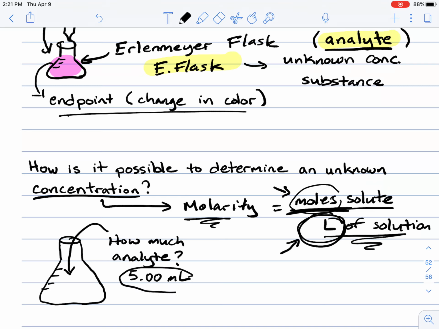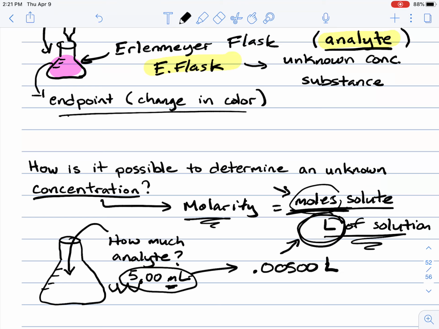If we added 5 mL of the analyte in this Erlenmeyer flask, then that's going to be the volume of the solution. In this case, we'll just have to convert 5 mL into liters. Remember, milli is times 10 to the negative 3, so we're going to move this decimal 3 places to the left: 1, 2, 3. So this is going to be 0.00500 liters.